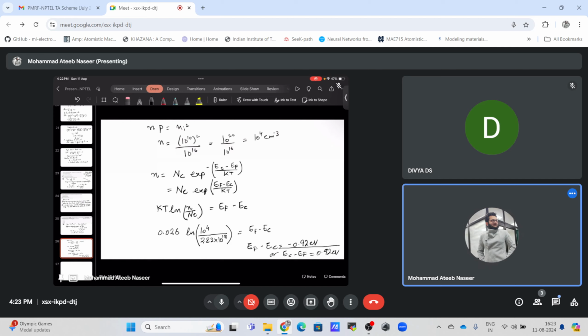Okay, so we have been able to find the location of the Fermi level with respect to the conduction band edge.